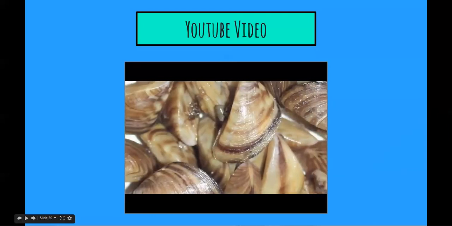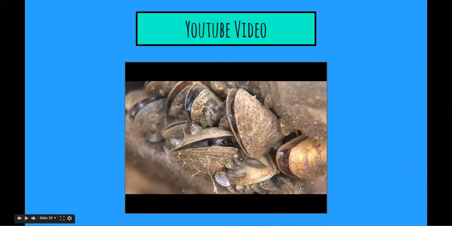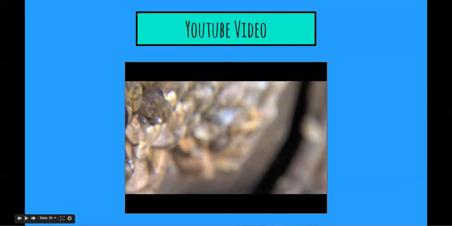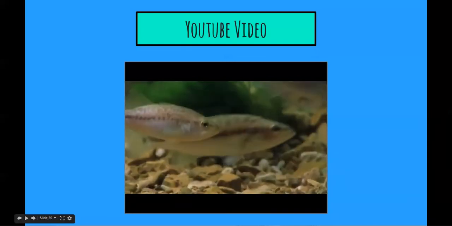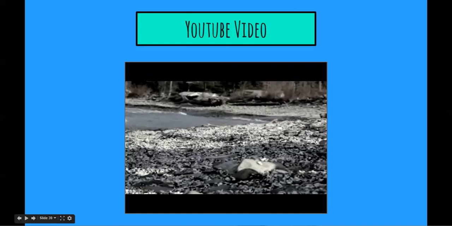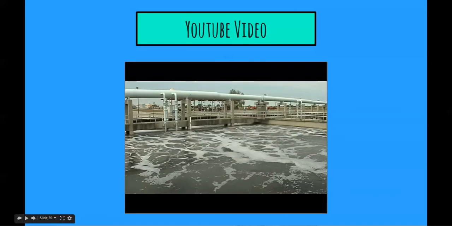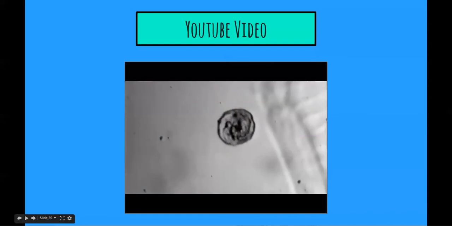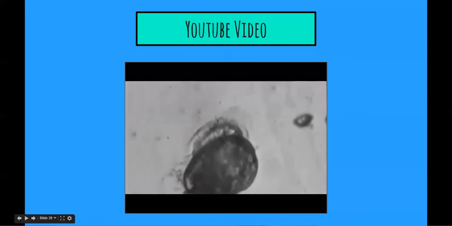Zebra mussels are another invader that's made its way to Texas. Once colonized, they can overfilter a reservoir, removing vital plankton and nutrients from the aquatic food chain. Zebra mussels damage boats, foul shorelines, and even intercity water pipes, costing millions of dollars to repair. Their microscopic larvae can survive for days in water trapped in a boat.